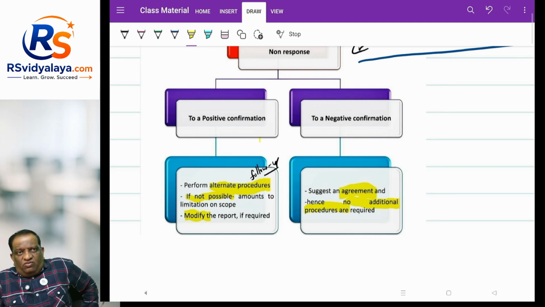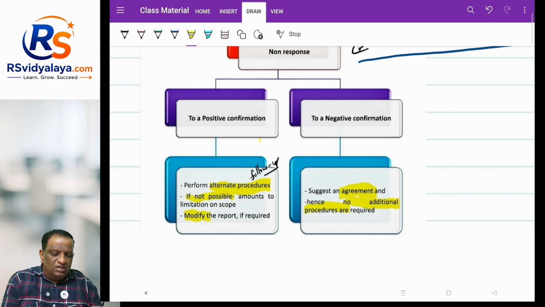Imagine what you have sent is a negative confirmation. Then in the negative confirmation, you want the party to get back to you only if he disagrees. But if there is no response from him, which means he agrees, that is, no news is good news. So when there is no response to your negative confirmation, it suggests an agreement, and because it suggests an agreement, no additional procedures are required by the auditor.